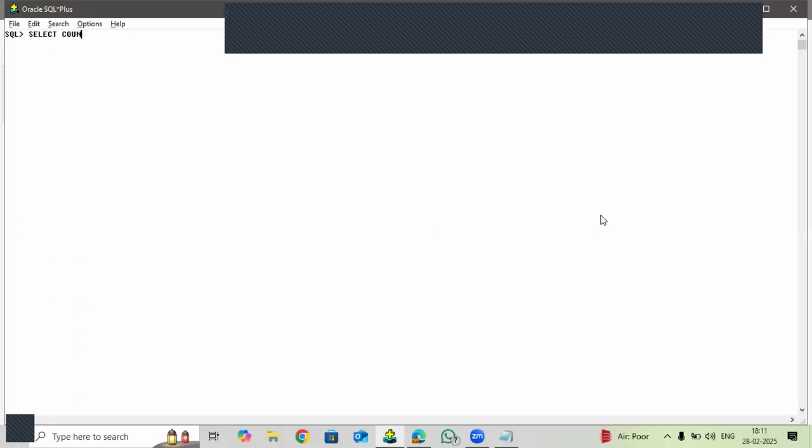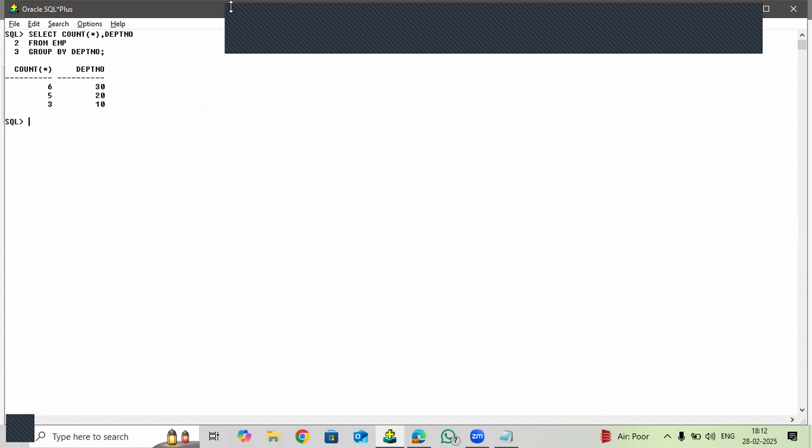Select count of star, comma department number from EMP, group by department number. I want the count from each department: how many people are working in department number 10, 20, and 30?